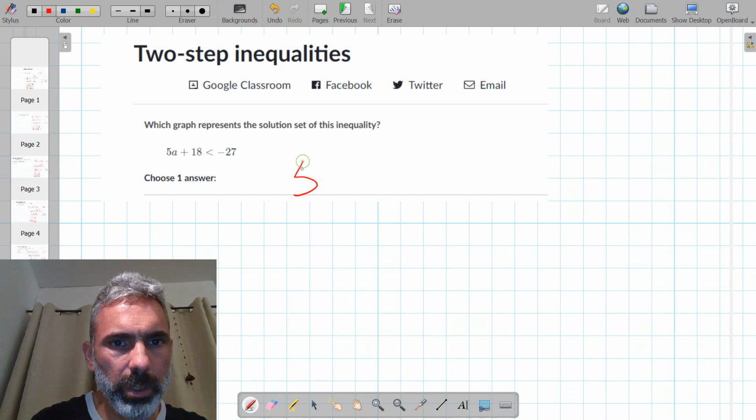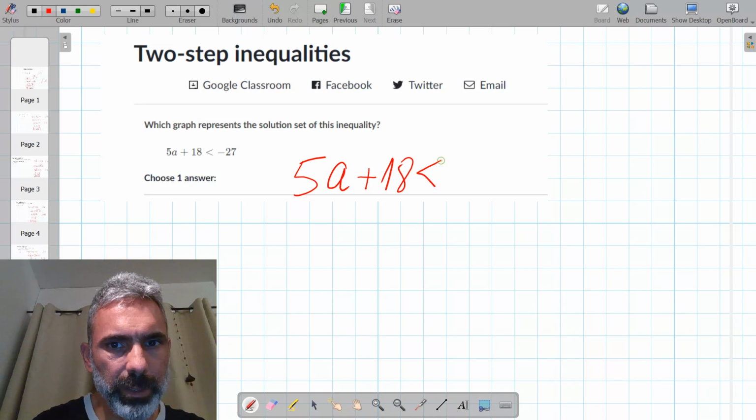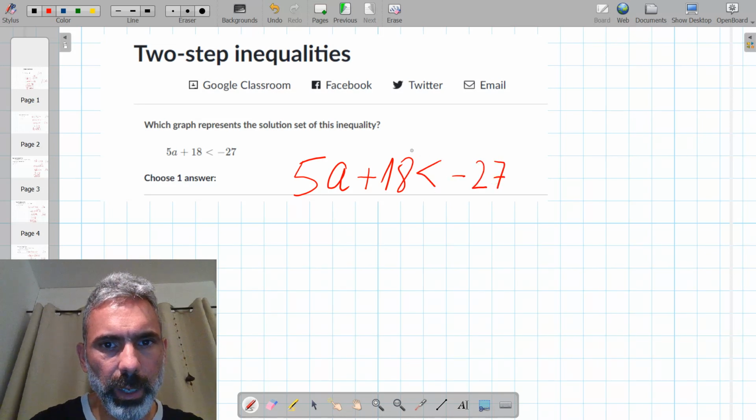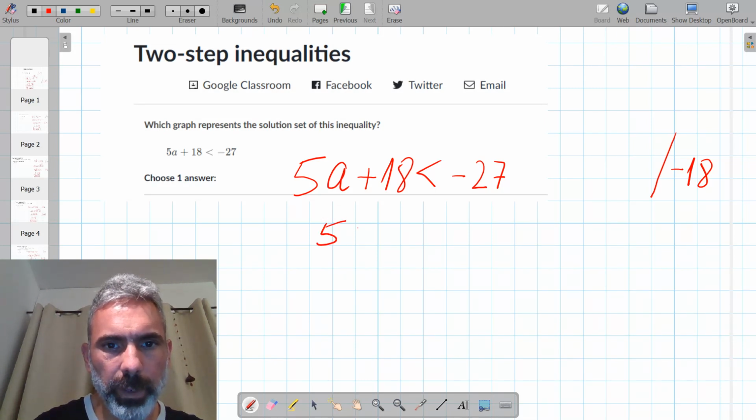So the inequality says 5a plus 18 is less than minus 27. So first I will get rid of the 18, so I subtract 18 from both sides of the inequality, so I'm left with 5a on the left hand side is less than minus 27 minus 18.